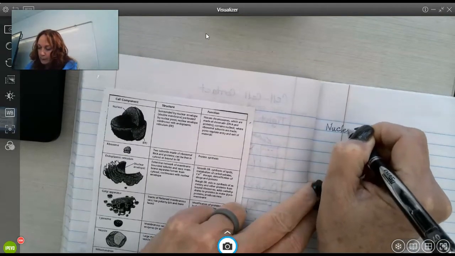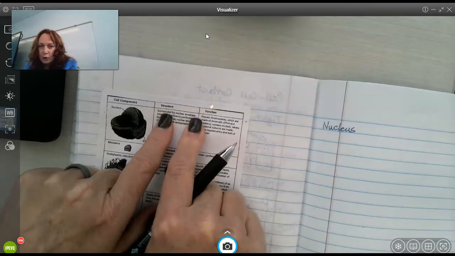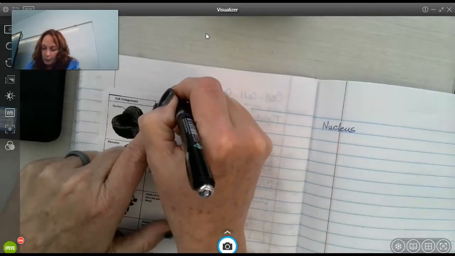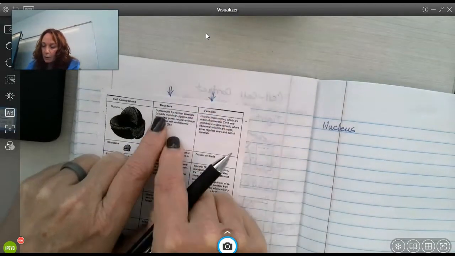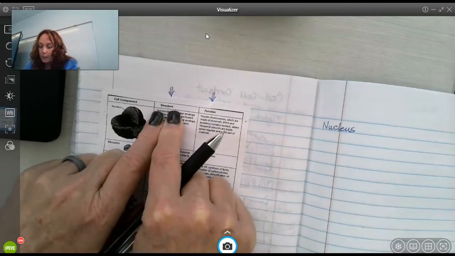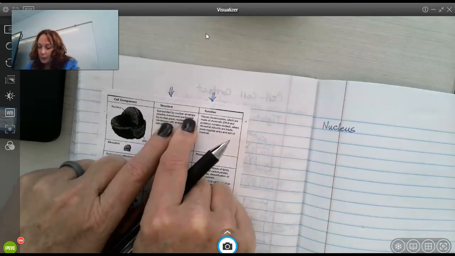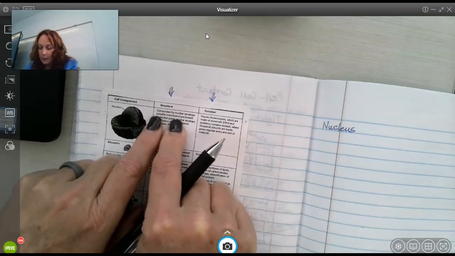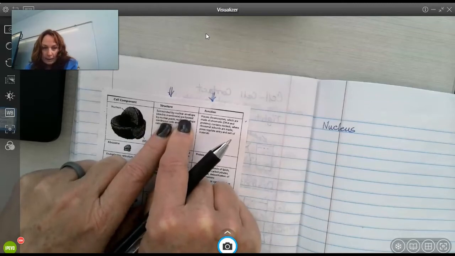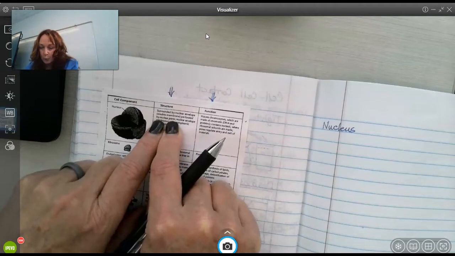I'll put it over here. And it's giving you 2 parts that are super important. So you need to always speak to structure leads to function. So the structure of the nucleus is a double membrane. It says it's surrounded by a nuclear envelope, double membrane. It's perforated, which means it's punctured, and it has little nuclear pores.